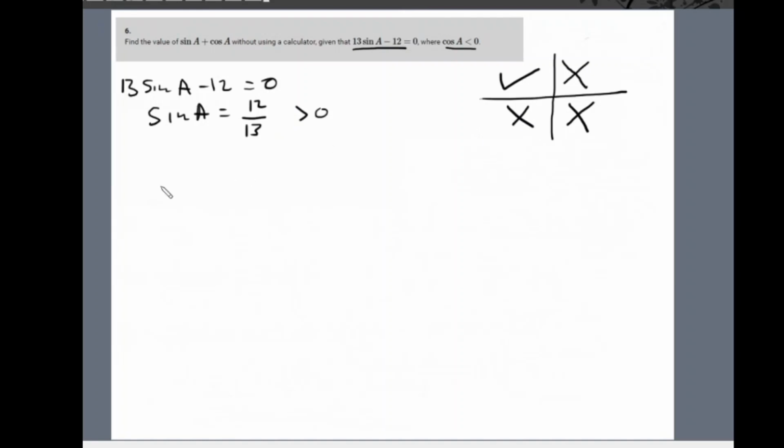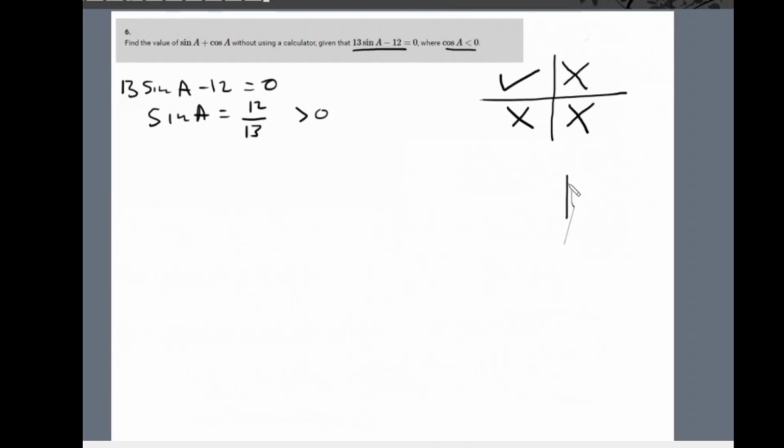So now we know we are in the second quadrant. Our right angled triangle will be there, and we know sine A is opposite over hypotenuse, so we'll have the angle A, opposite side is 12 units, the hypotenuse is 13.